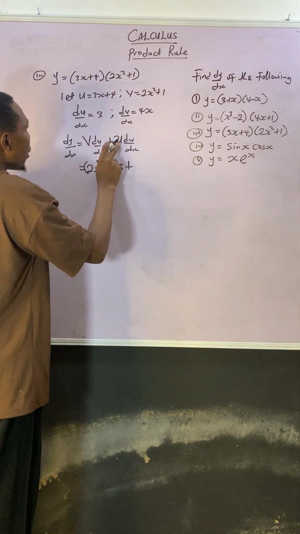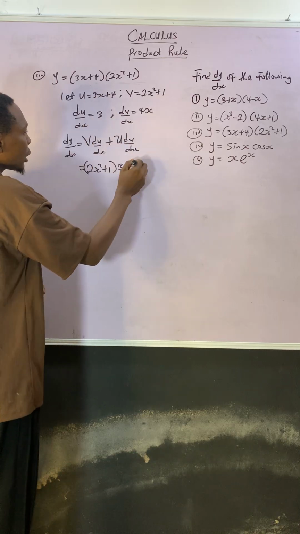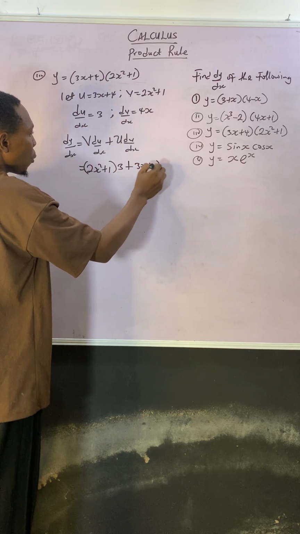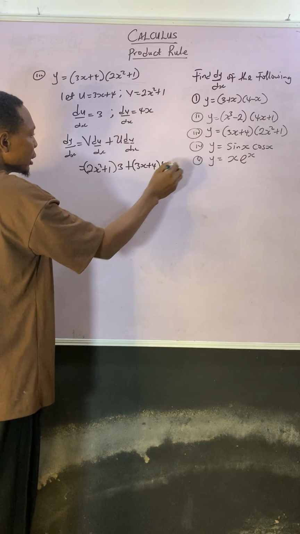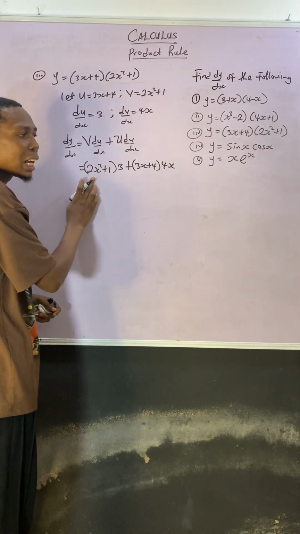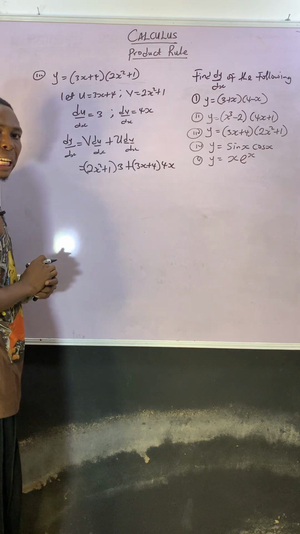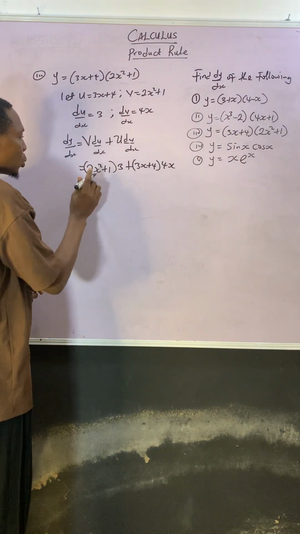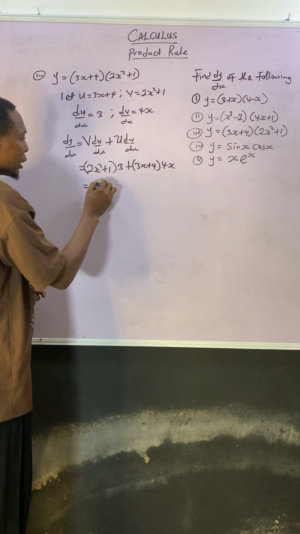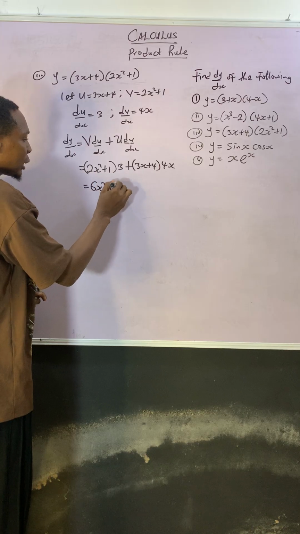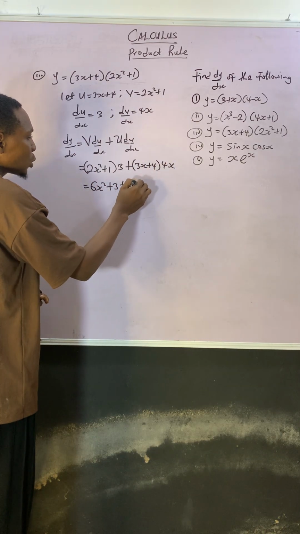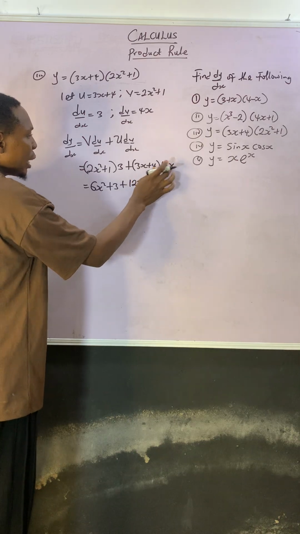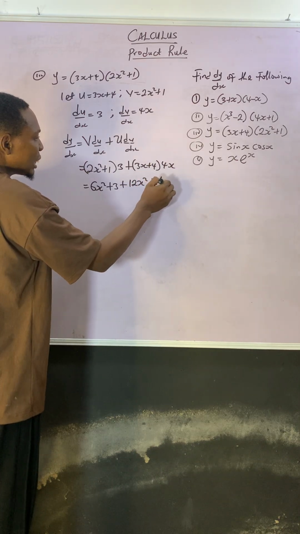Then plus our u, which is 3x plus 4, then dv/dx is 4x. Use 3 to open the bracket and use 4x to open the bracket. So 3 times 2x, we have 6x squared. 3 times 1 is 3. Then plus 4x times 3x, we have 12x squared. Then 4x times 4, we have 16x.